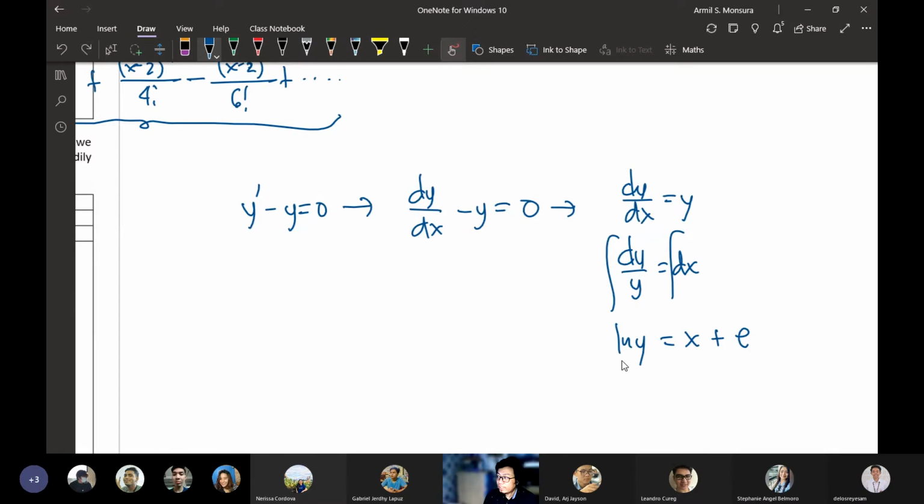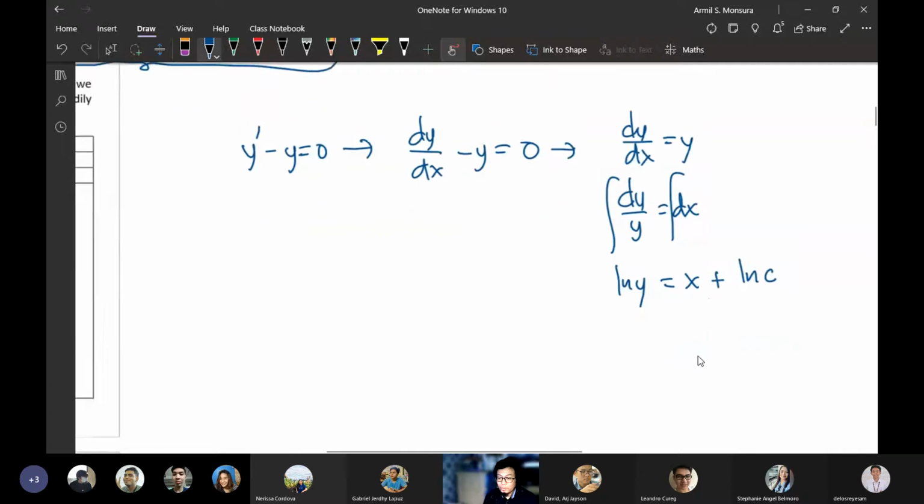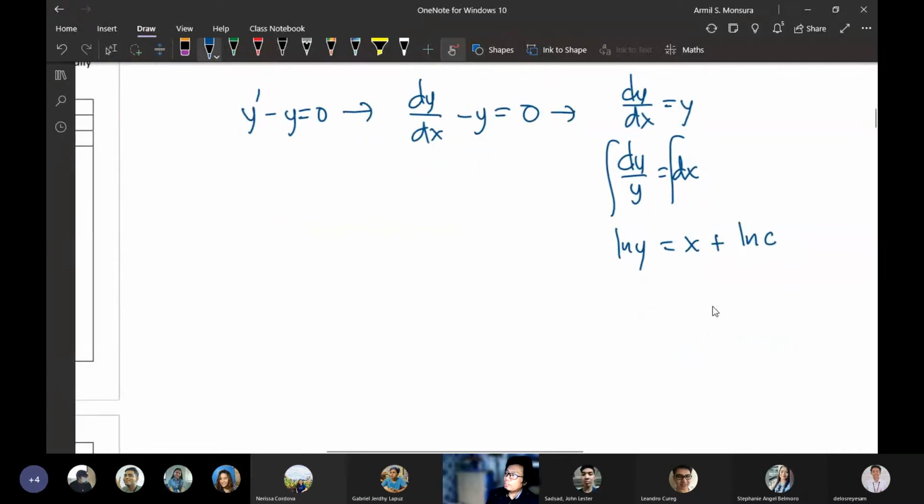Hindi, ano na lang, ln of c na lang pala. Okay? Also, you can take note that I can rewrite x as the natural logarithm of e raised to x. Tama ba? These two are equivalent. So I can have this as the natural logarithm of y equals natural logarithm of e raised to x plus the natural logarithm of c, which, right side ko, can be written as the natural logarithm of c times e raised to x.